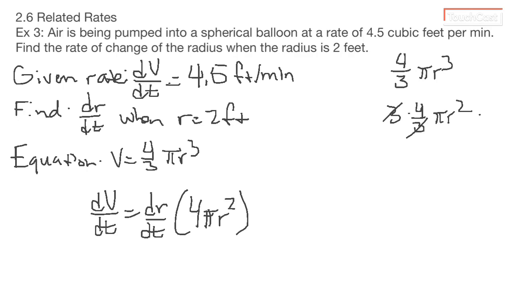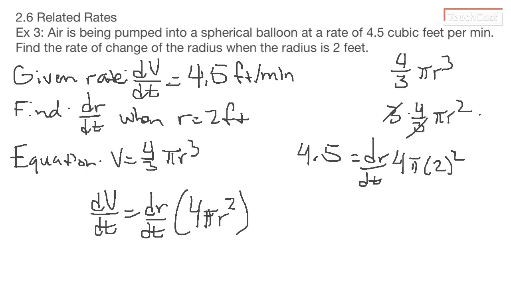Now there are some things we know. We know dV/dt, and we know r. So let's put those into our equation. dV/dt is 4.5, equals dr/dt times 4 pi times 2 squared.